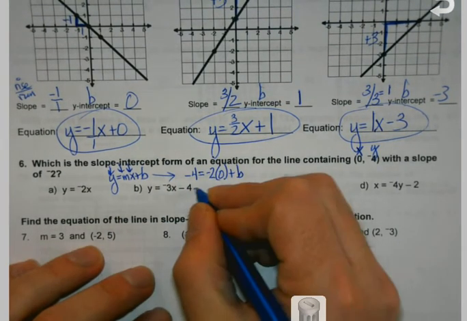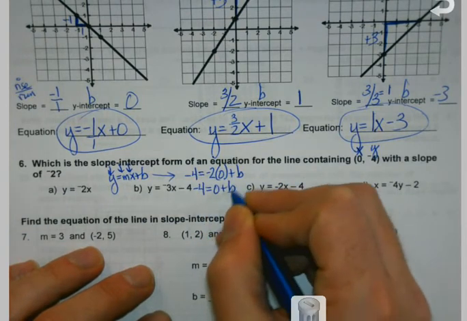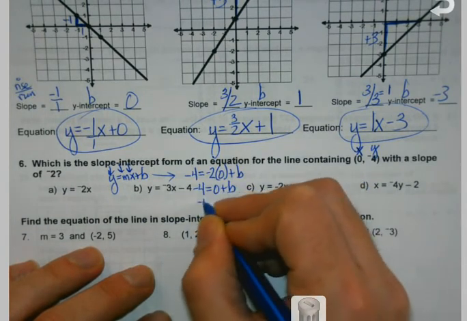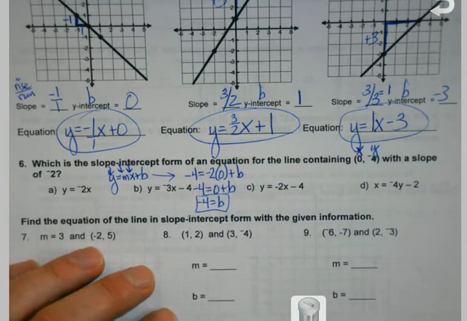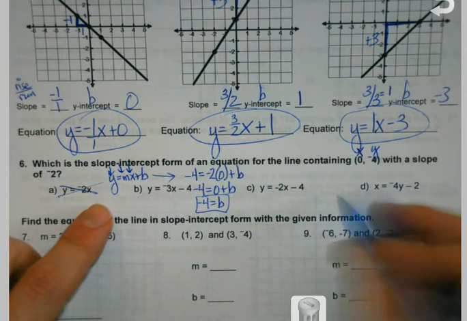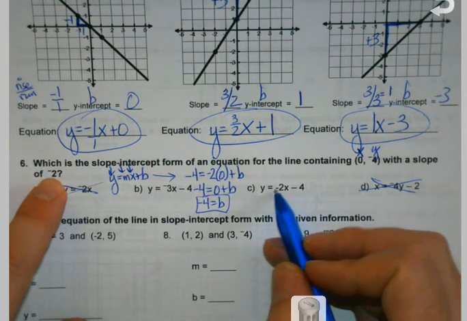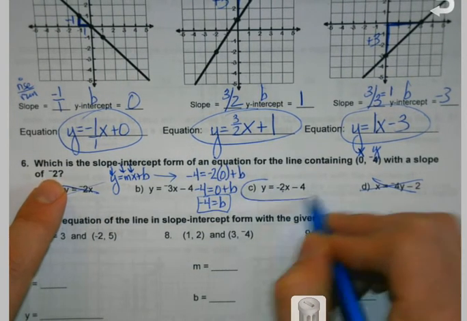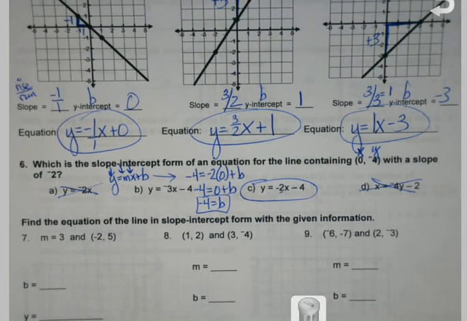Because once I do that, 0 plus b, and you add nothing to b, it's going to be nothing. So there's my b value. So I go through, well, that doesn't have a b of -4, neither does this. If my slope is -2, it's got to be this one. Because my slope is -2, my b is -4.